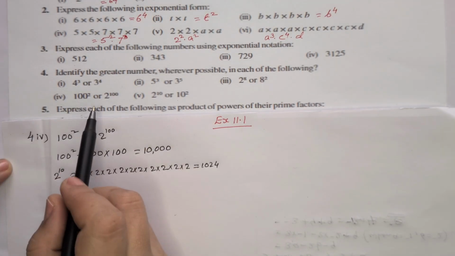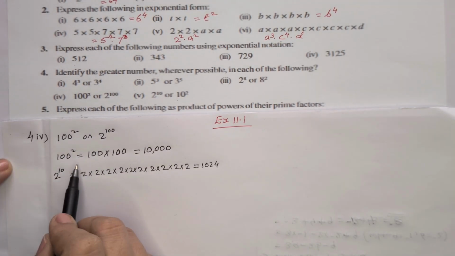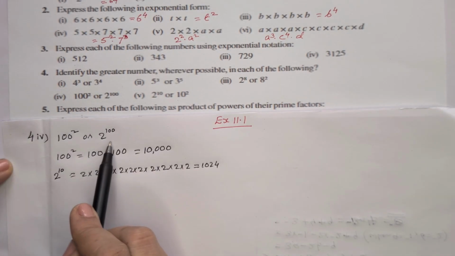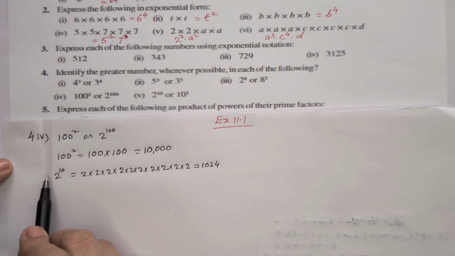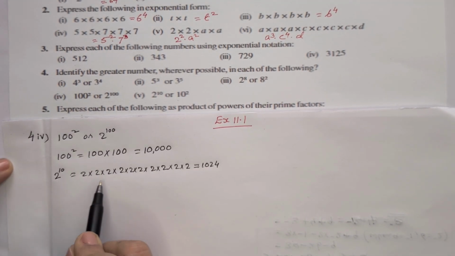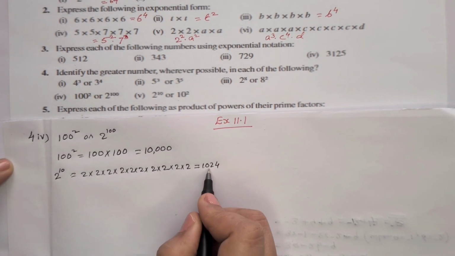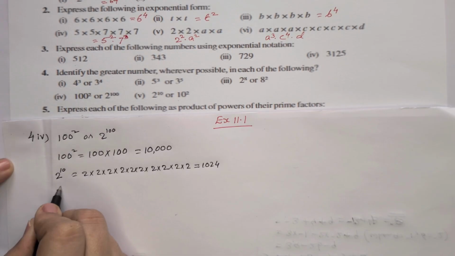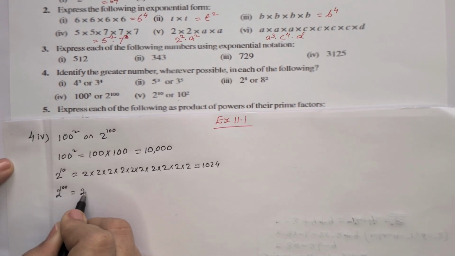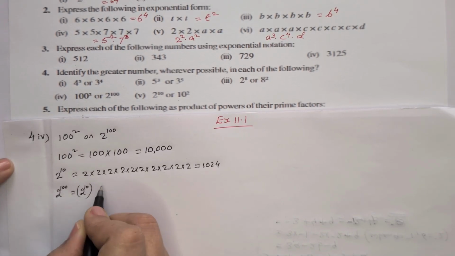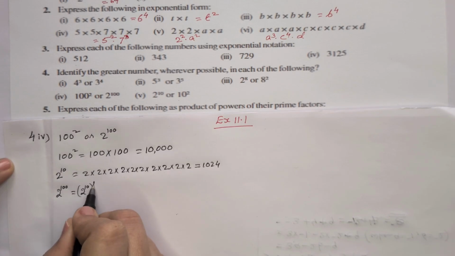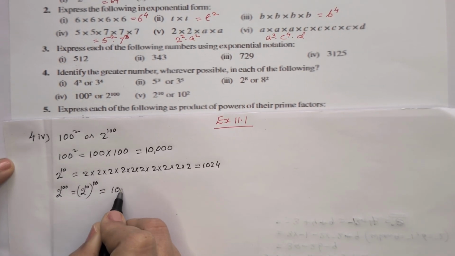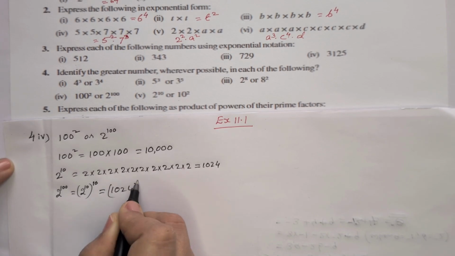Next, 100 square or 2 raised to 100. 100 square is 100 into 100, which is 10,000. For 2 raised to 100, first we can think about 2 raised to 10. When we multiply 2 ten times, we get 1024. So 2 raised to 100 can be written as 2 raised to 10, that raised to 10, which means 1024 raised to 10.